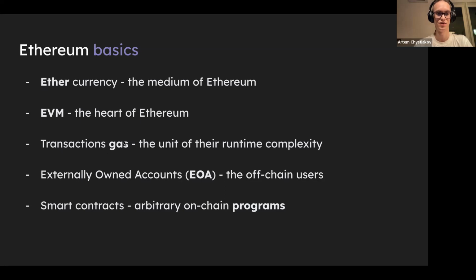Gas can be converted to Ether by multiplying the gas limit, or the actual execution gas, by the cost of the gas that you provide when you're sending a transaction. If you want your transaction to pass quickly, you will bump up the gas cost.